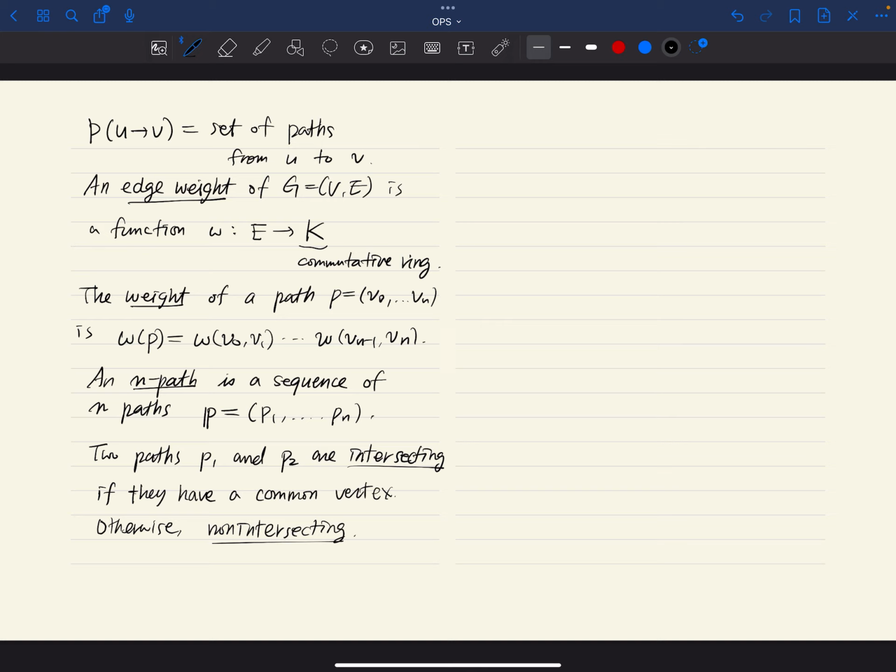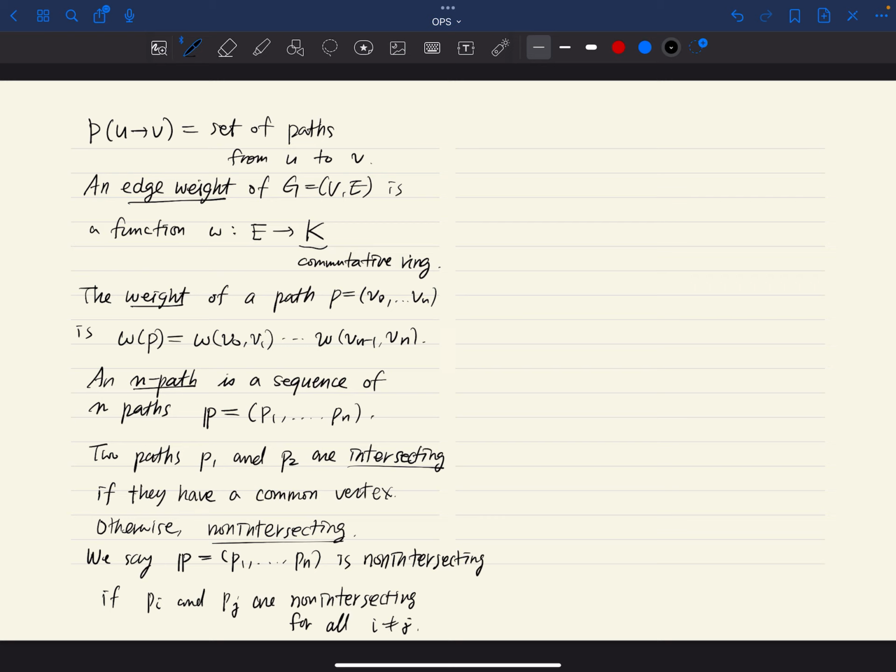We also say that an n-path P1 through Pn is non-intersecting if they are mutually non-intersecting, meaning Pi and Pj are non-intersecting for all i and j, different of course.